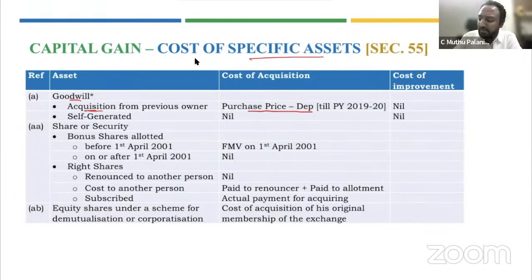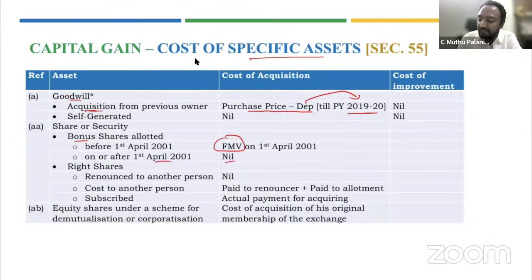So depreciation should be provided only till previous year 2019-20. After that, from 1st April 2020, no depreciation. So purchase price minus depreciation till 31st March 2020. If it is self-generated, the cost is nil. If it is a bonus share before 2001, it is fair market value. After 2001, it is zero because there is no cost for a bonus share.